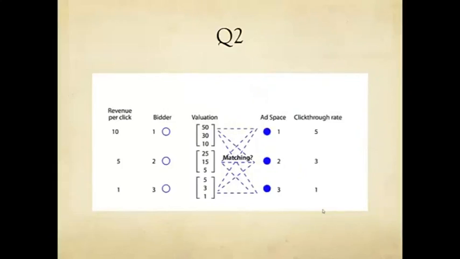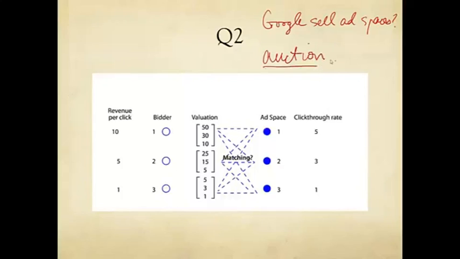And indeed, in the next question, which is how does Google sell its ad spaces on a search page, we'll be using game theory to model and analyze a particular mechanism of allocating resources, in this case ad spaces, and that mechanism is called auction.